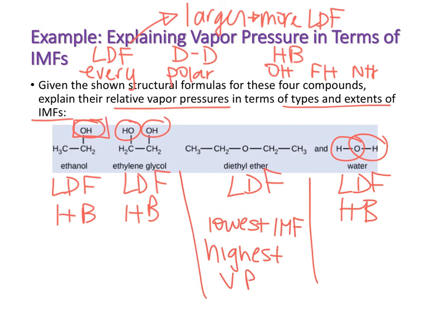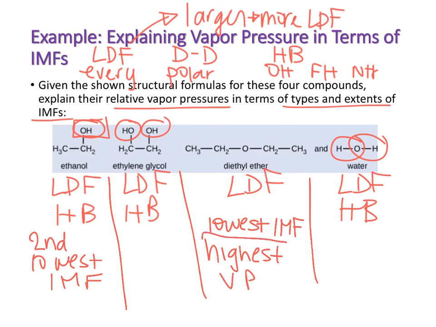So we know that ethanol is going to be right up after diethyl ether. So this one would be second lowest IMF, so again, it would be second highest VP. I'll just write second lowest IMF, but you can determine that relationship from the IMF.